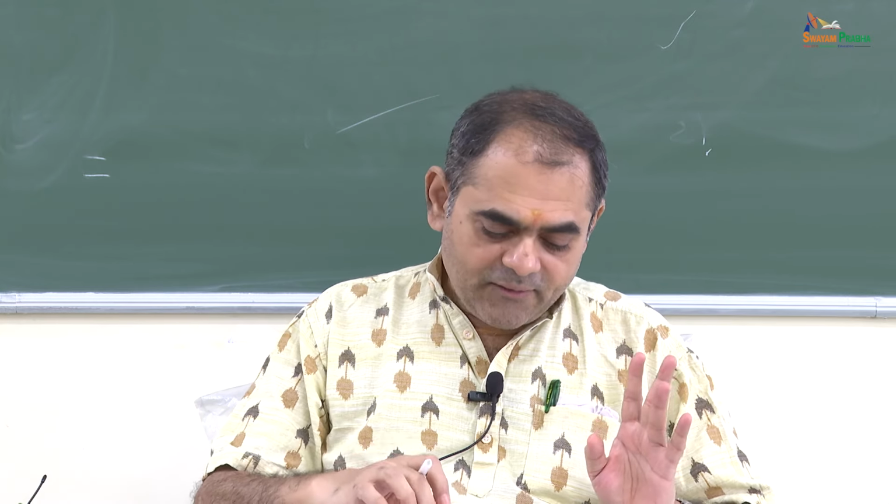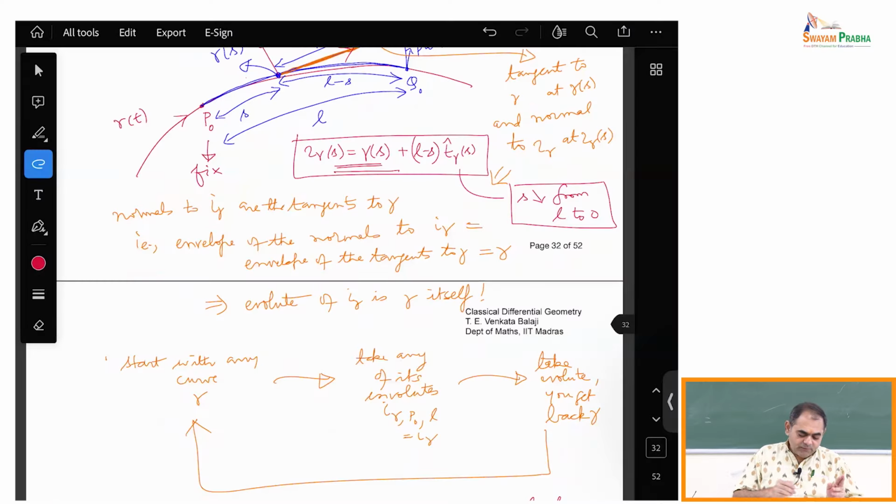So what I want you to do is write this down analytically using this expression, and that will mean that you have to compute the Frenet-Serret frame for the involute. And you have to also worry about whether, mind you, the arc length is only the arc length of gamma.